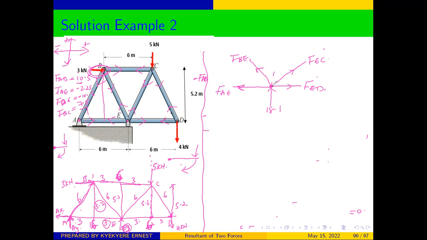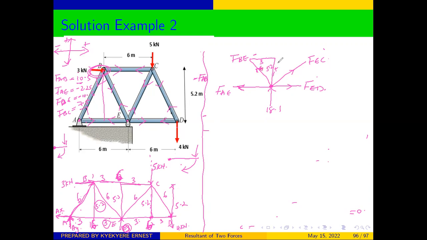Resolving FBE, you can see that we move this distance on the Y. We are moving up, so it will be positive. And this distance on the X will be negative, but this will be positive. We know that the vertical distance is 5.2, the horizontal distance is 3, and the hypotenuse is 6.